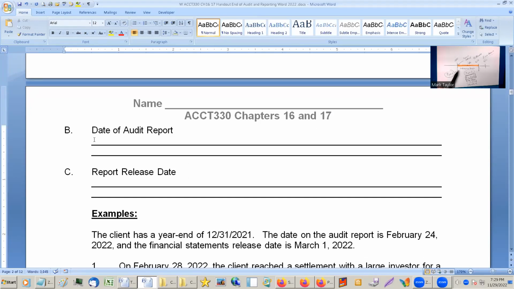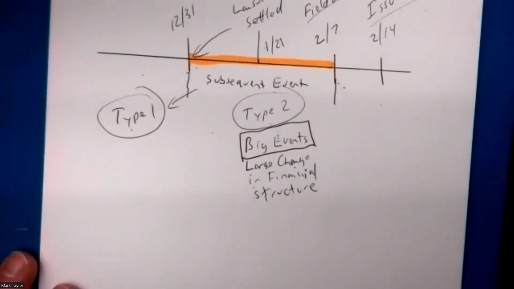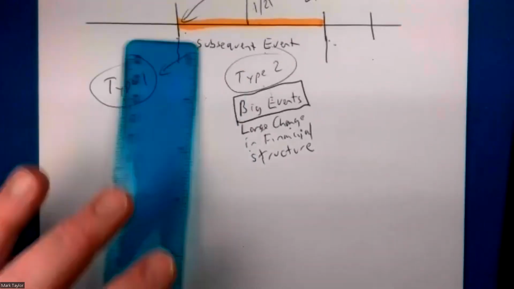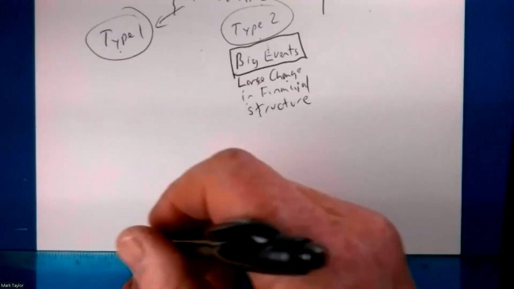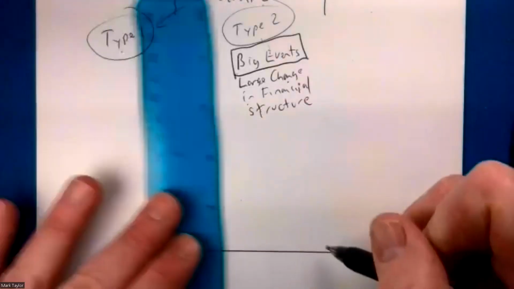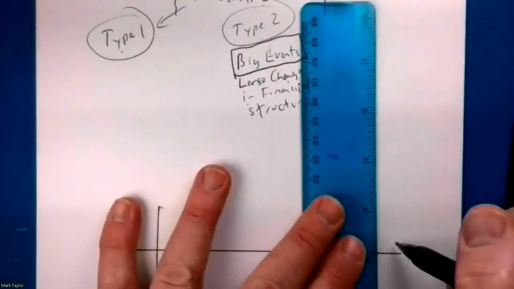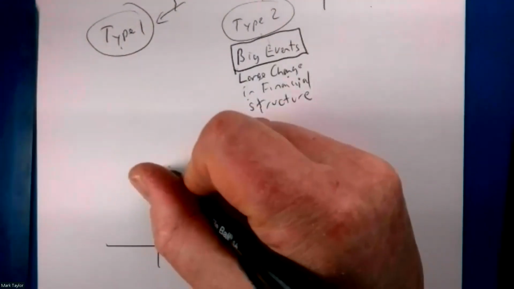The date of the audit report. Okay, 12/31.